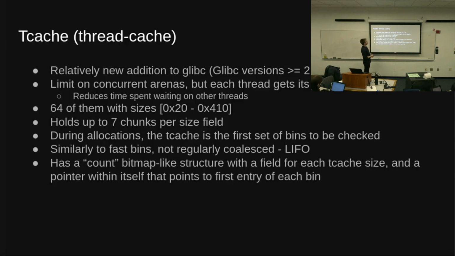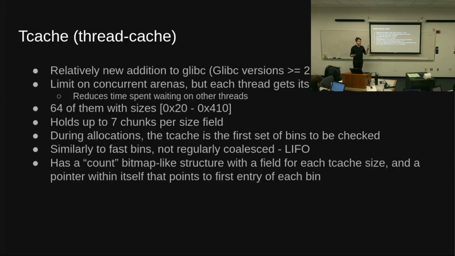So there's 64 of them, of size 0x20 to 0x410, and they can hold 7 chunks per size. Each one of those sizes is, once again, a singly linked list like the fast bins, and each linked list can be of length 7. During allocations, the T-cache is the first one you check, mainly because it is thread local.